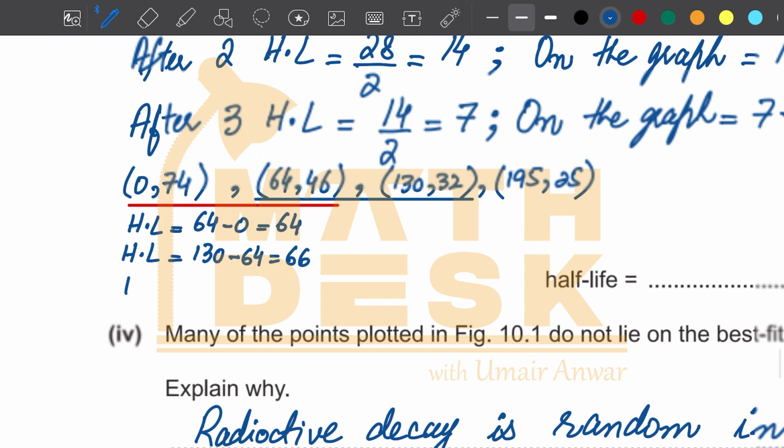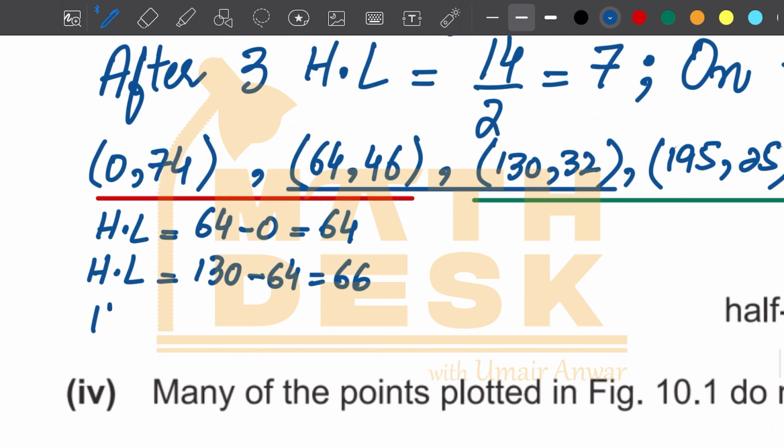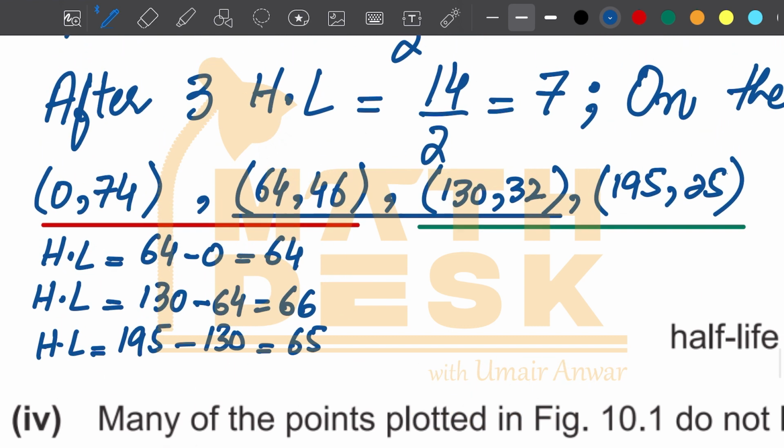And now I would be using third and the fourth point as a pair. So the value of half-life we get is equal to 195 minus 130, and it is equal to 65.